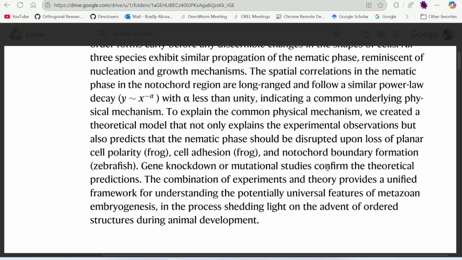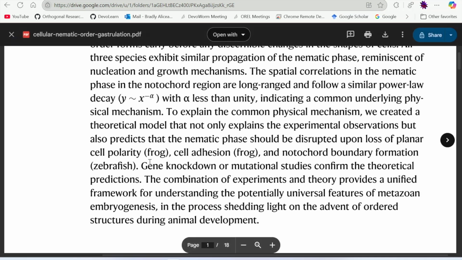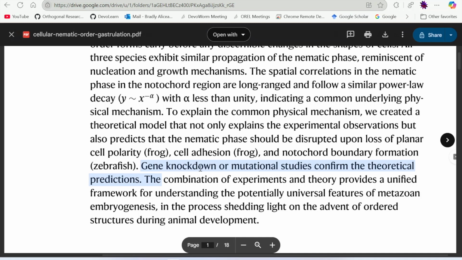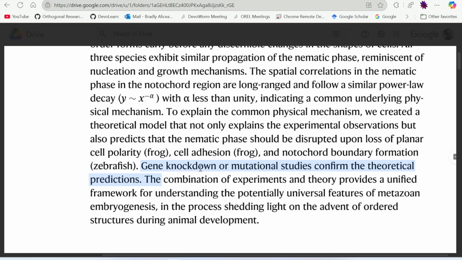Gene knockdown or mutational studies confirm the theoretical prediction. So you can actually disrupt all of these processes by knocking down certain genes. Cell adhesion, they're adhesion molecules. Planar cell polarity, you can disrupt that. And then notochord boundary formation.